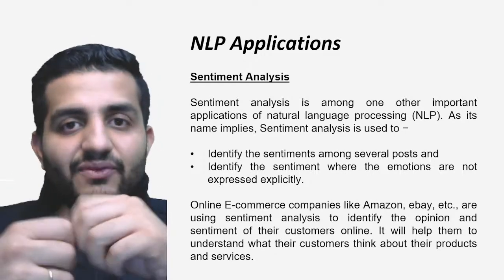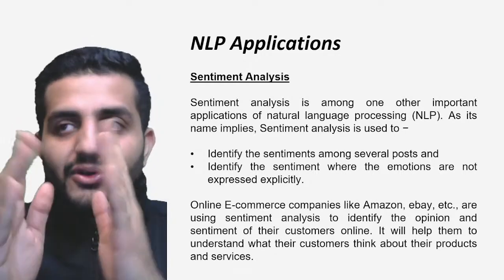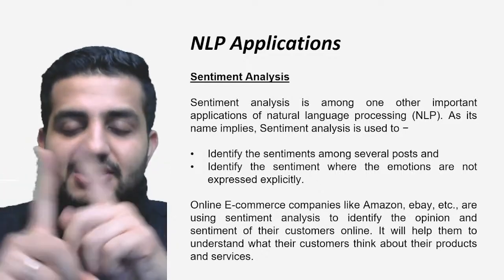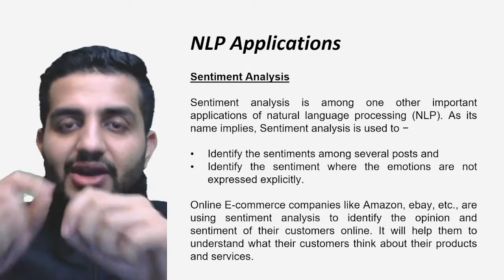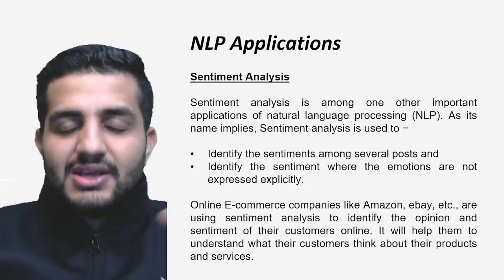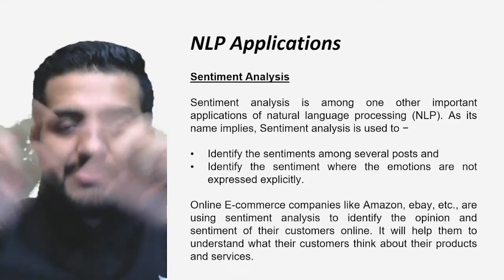That is the reason why the 4 core concepts, the 4 processes, the 4 methods of NLP become very important. The first is the morphological process, where you convert the sentences into smaller chunks like tokens, and then you do your syntax analysis, where you identify the relationship between the tokens.